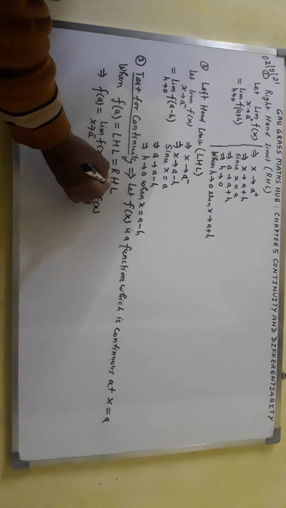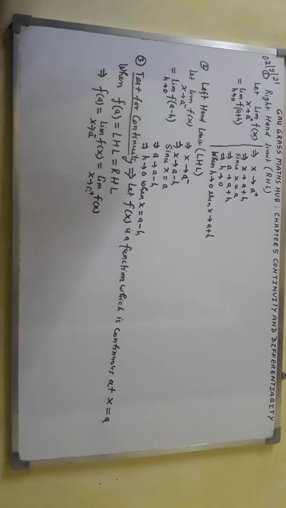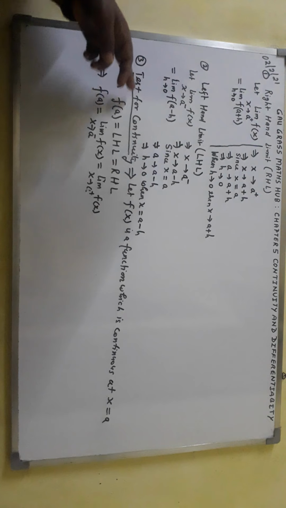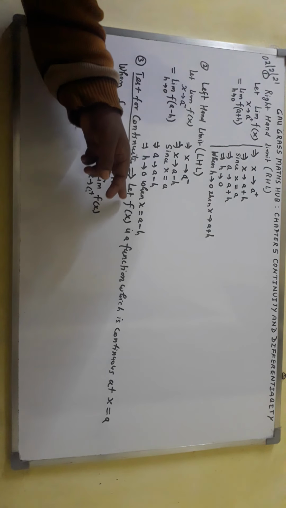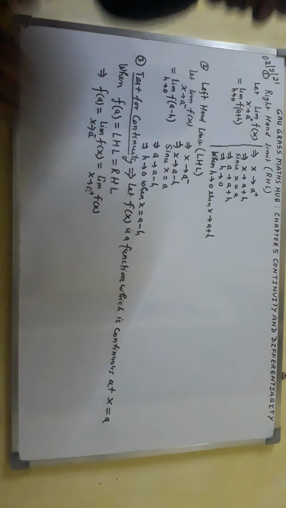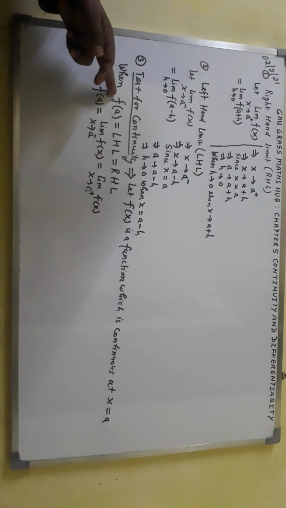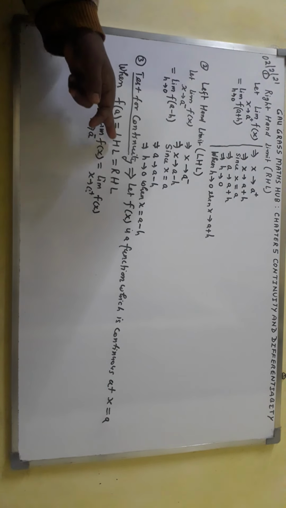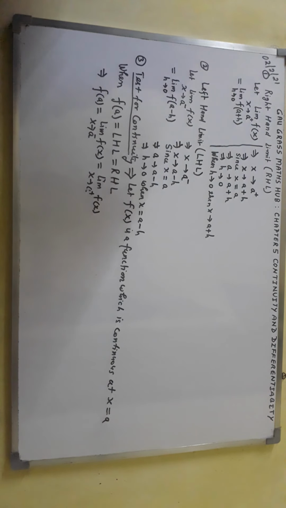This is the formula you must remember. Test for continuity implies that let f(x) be a function which is continuous at x equal to a when f(a) equal to the left hand limit equal to the right hand limit.